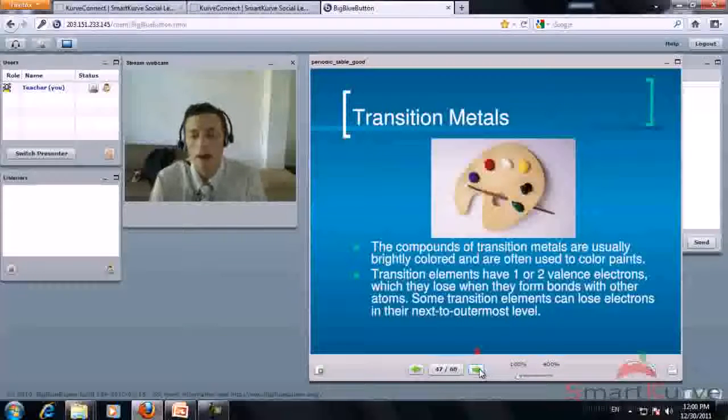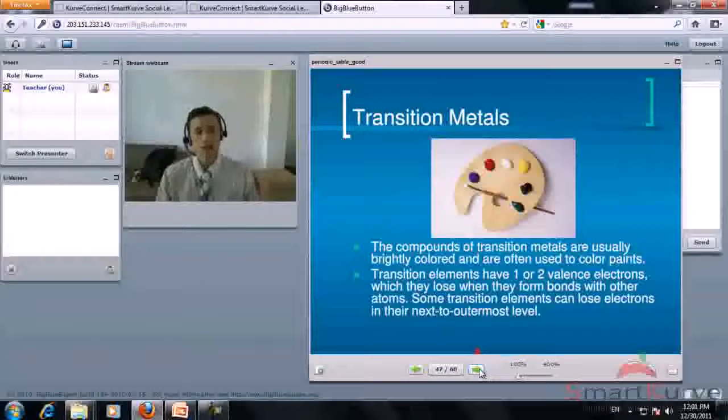The compounds of transition metals are usually brightly colored and often used to color paints. Transition metals will form a compound. When they make a compound, they often have bright colors. We have a palette here. Just to give you a few examples, cobalt is a transition metal that's often used to make blue paint.